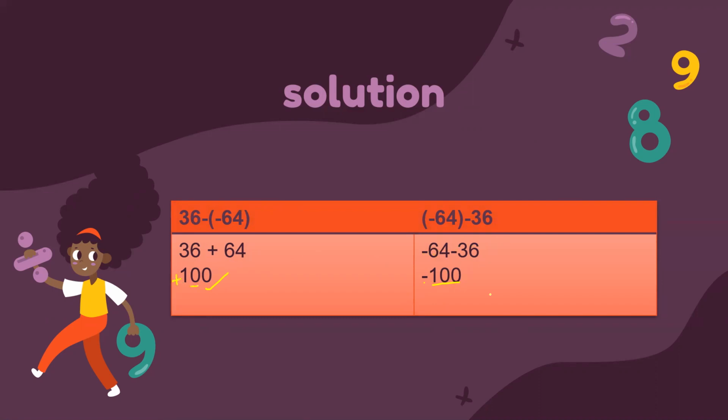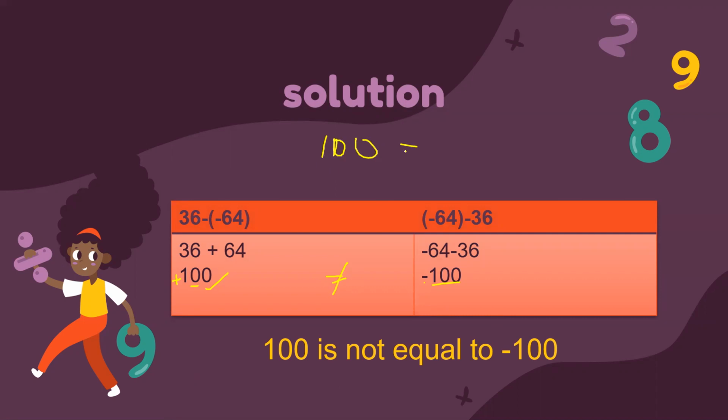This is positive, this is negative, so this is completely not equal. 100 is not equal to minus 100. If this would be 100 and 100, then LHS would equal RHS, but it is not. LHS means left hand side, and RHS means right hand side.